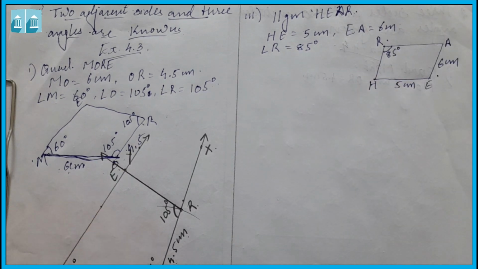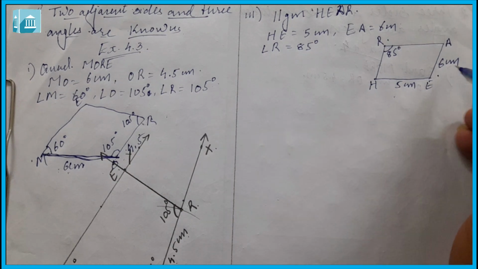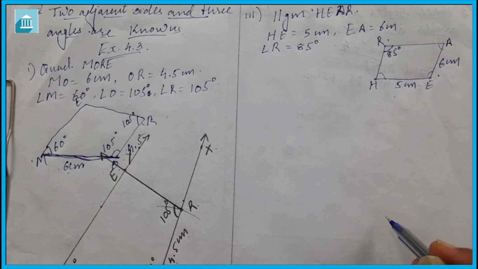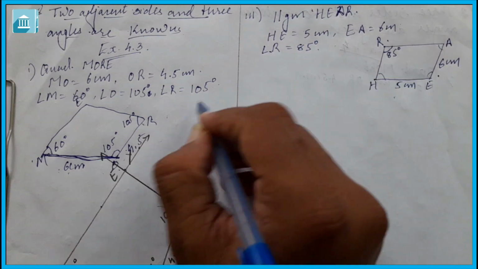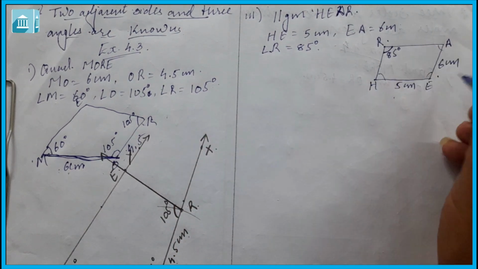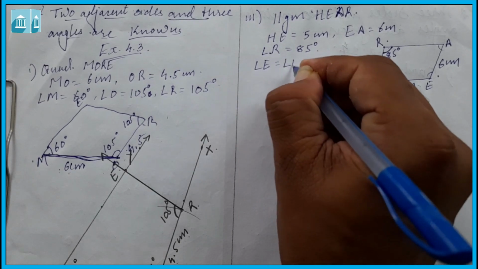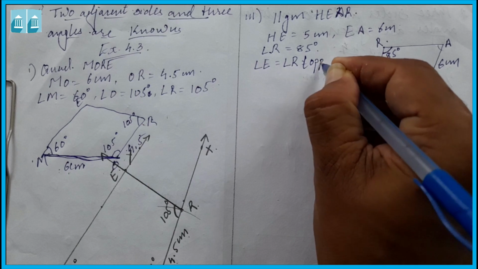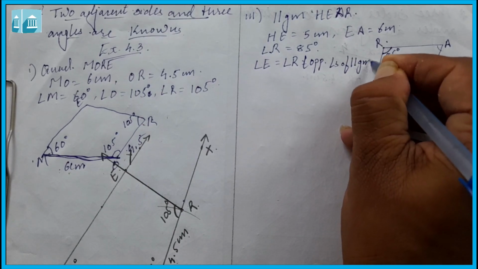If angle R is 85 degree, we need this angle and this angle, so we need to find out where we will get them from. Now if angle R is 85 degree here, then angle E is equal to angle R, because they are opposite angles of a parallelogram.